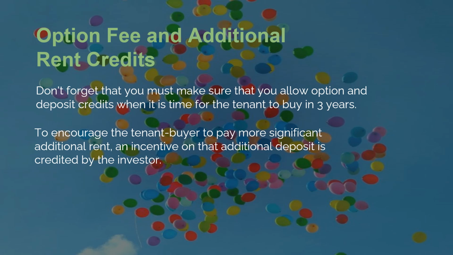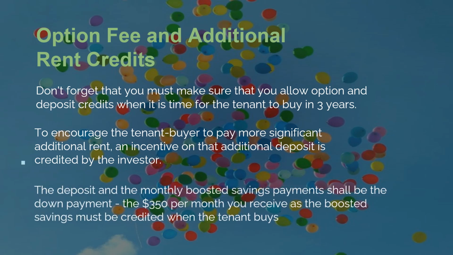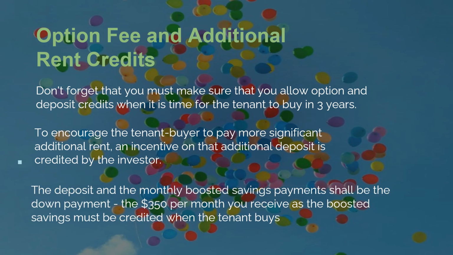So it helps the tenant buyer save a lot of money, and it helps them accumulate the savings. It helps them increase or boost the amount of their deposit, and they might qualify, instead of, let's say, the normal 3 years, they might qualify to purchase in 2 years. So this helps them, because now they have saved a year's worth of rent.